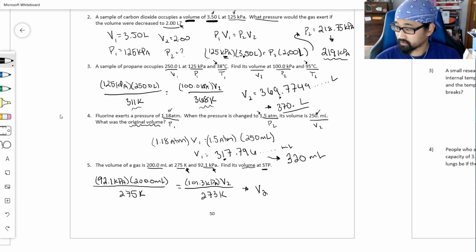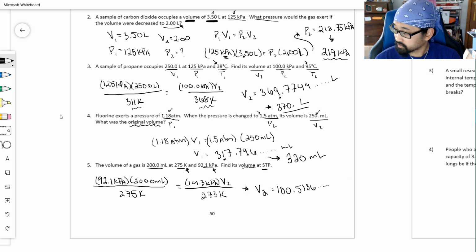So if I'm solving for V2, and I'm doing some math, that means I got 92.1 times 200 divided by 275. All right, that means I get 180.5136 and so on. Yes, milliliters.